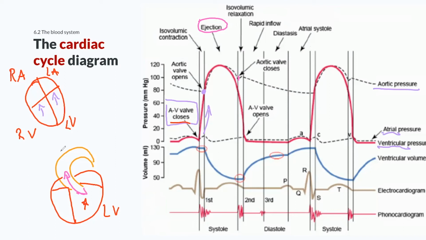That means it has elastic fibers, it has muscle fibers. It is very elastic, it's going to squeeze the blood too. So the blood wants to go back, but we know that the blood flow is unidirectional because of the valves.